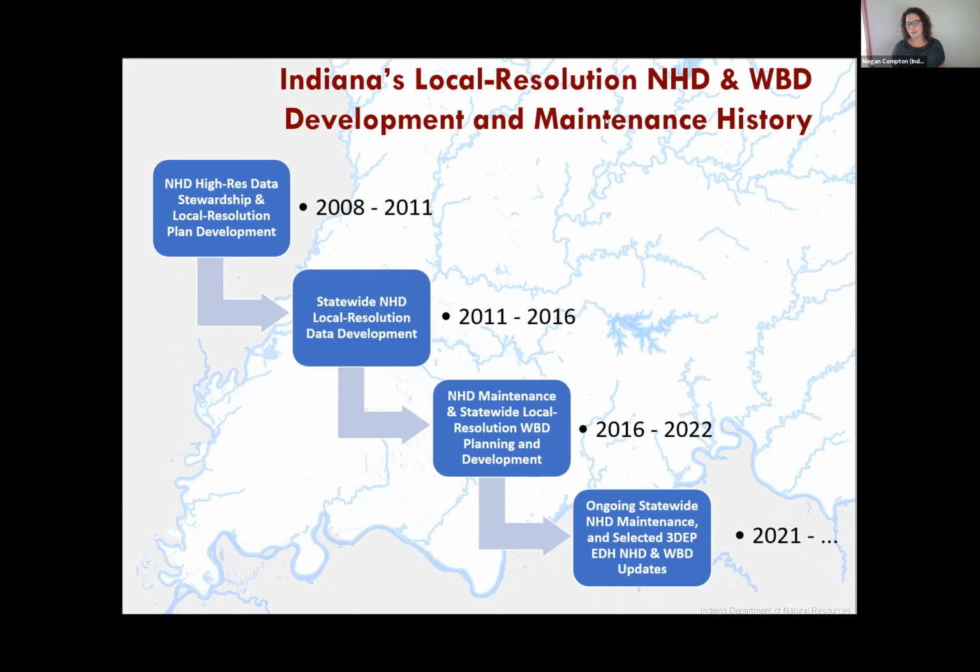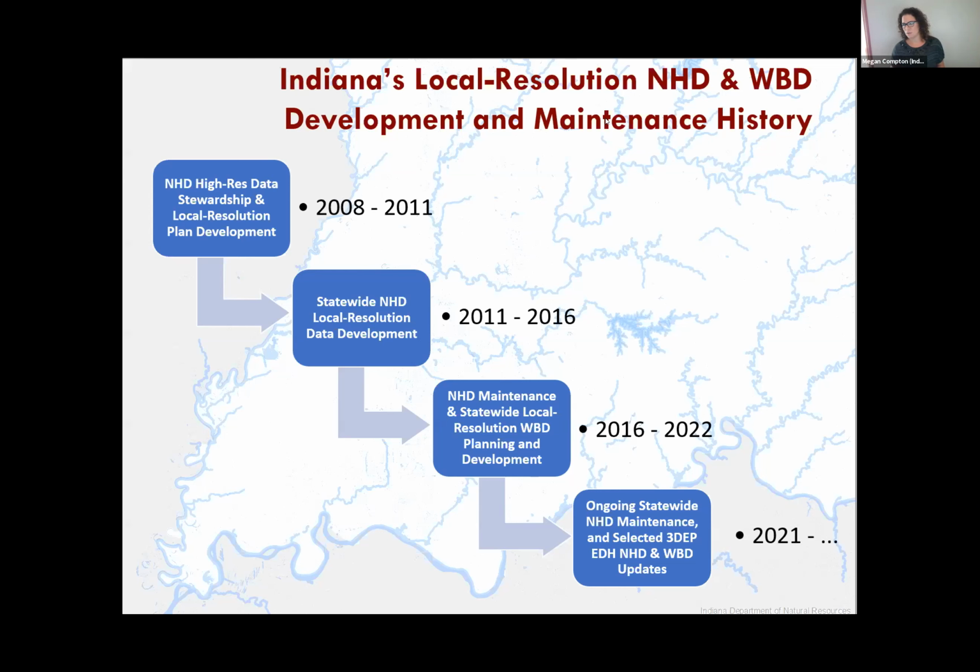In the rest of this timeline, what I want to point out is that in 2011 to 2016, the statewide NHD local resolution data development happened. And then 2016 to current and into 2022, we'll have the NHD maintenance and statewide local resolution WBD planning and development. It's a very long-term ongoing effort. And then that ongoing NHD maintenance will continue from 2021 forward.